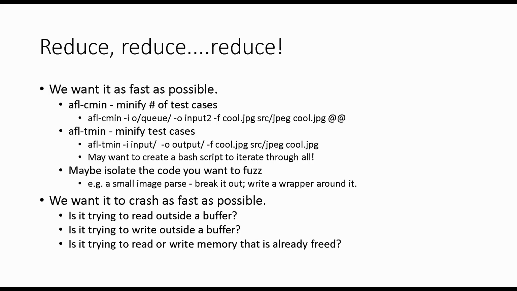If we go faster, that means we're going to get the crashes much faster. If we have giant, huge images and repetitious test cases that are the same thing but just different, and I don't mean literally, of course, but it's not adding anything new to the mix, then it's going to slow us down. So we want to get rid of all that excess.